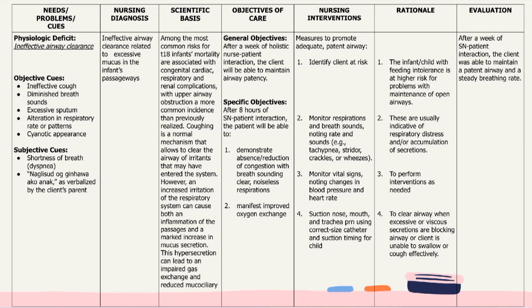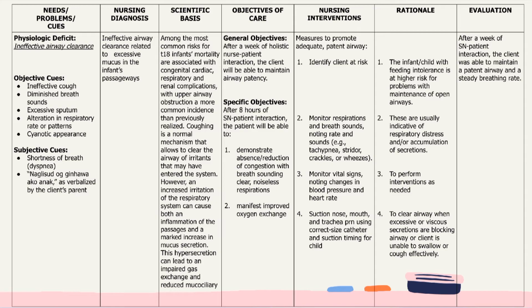However, an increased irritation of the respiratory system can cause both an inflammation of the passages and a marked increase in mucus secretion. This hypersecretion can lead to impaired gas exchange and reduced mucociliary clearance, encouraging bacterial colonization and exacerbations of an associated disease.